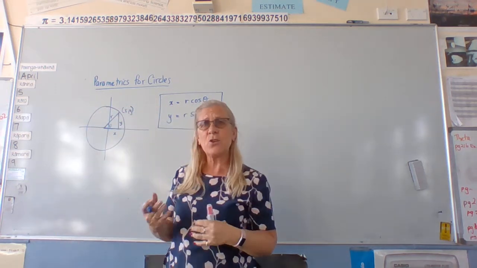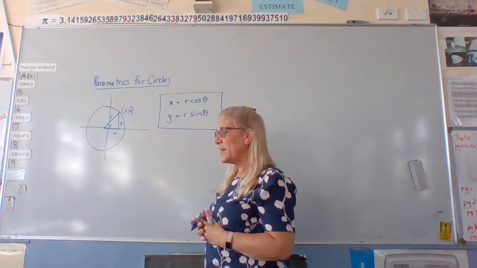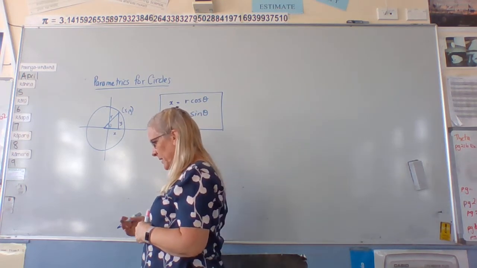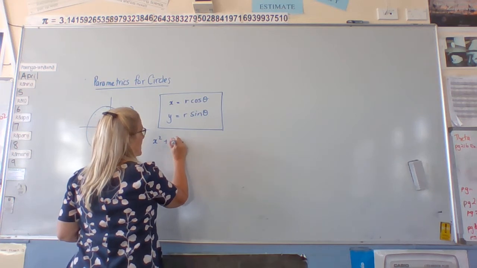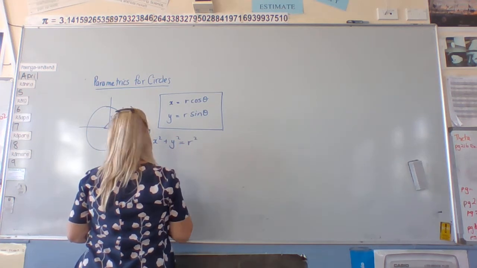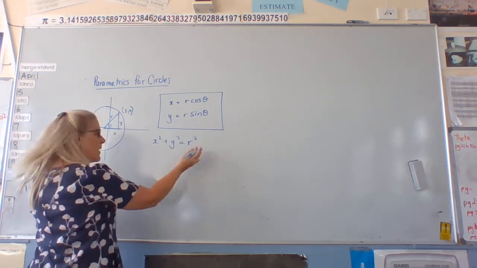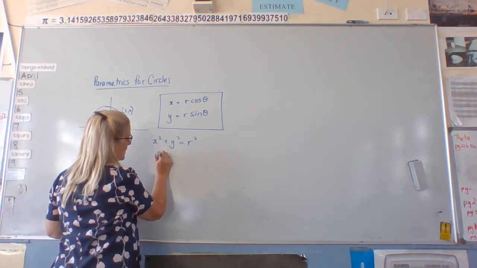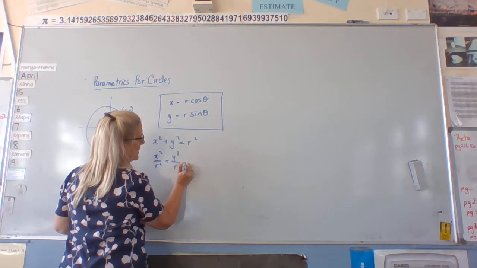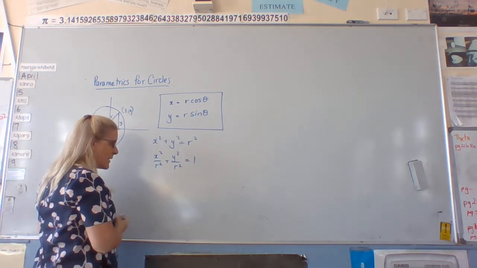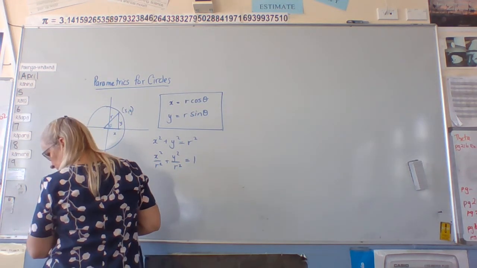We can use Pythagoras to prove that. If we've got x squared plus y squared equals r squared, good old Pythagoras, we can rewrite this as x squared over r squared plus y squared over r squared equals r squared over r squared, which is 1, then we get this.